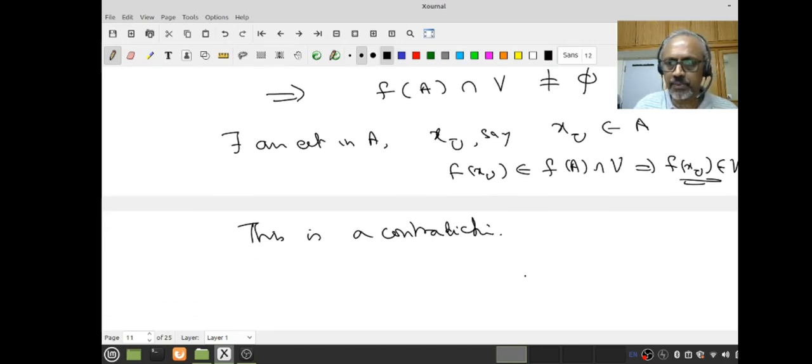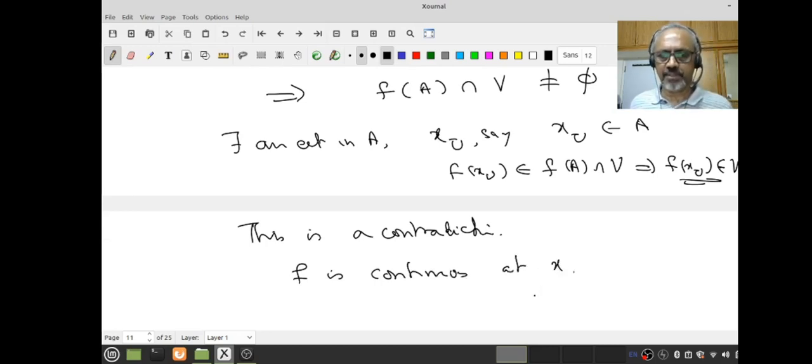Therefore, what have you shown? Why did the contradiction arise? We assumed f is not continuous at x. Now we have concluded f is continuous at x. Therefore, f is continuous on A.